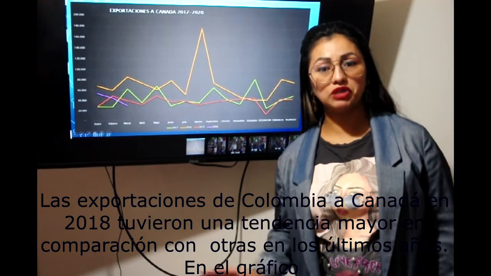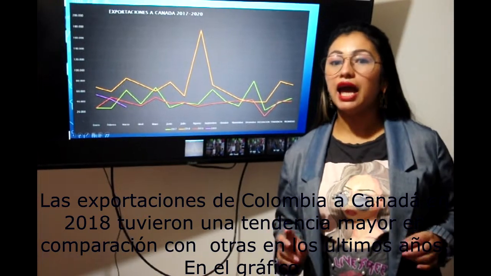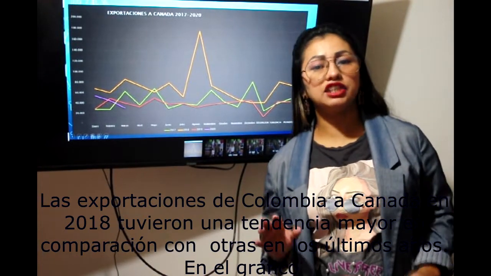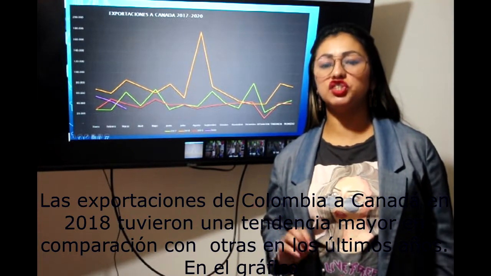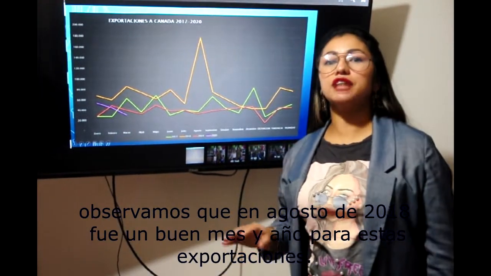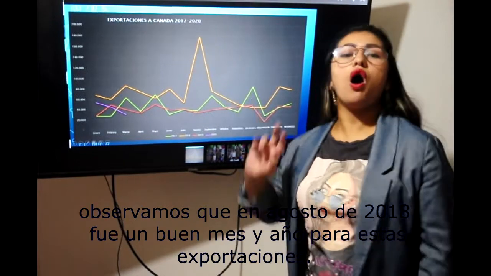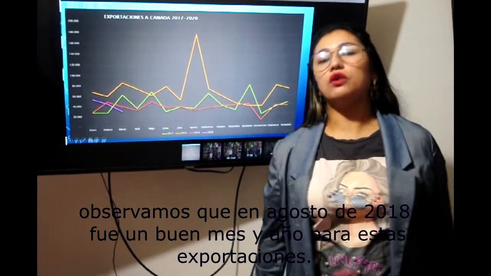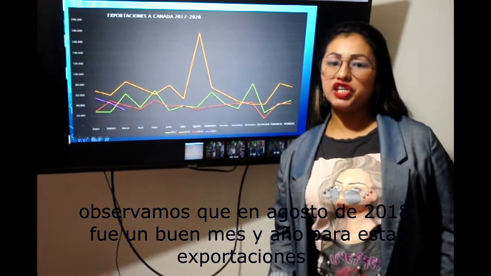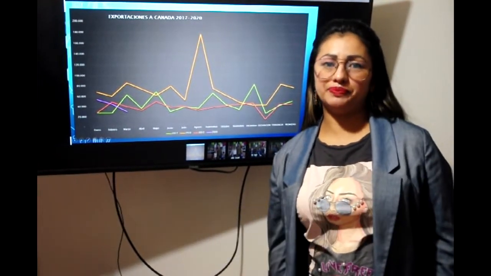Exportation from Colombia to Canada in 2018 had a bigger tendency in comparison to previous years in the chart, and August of 2018 was a good month of the year for exportation.